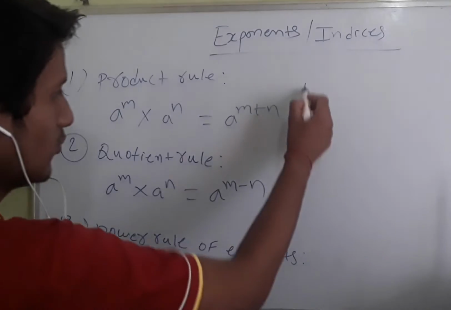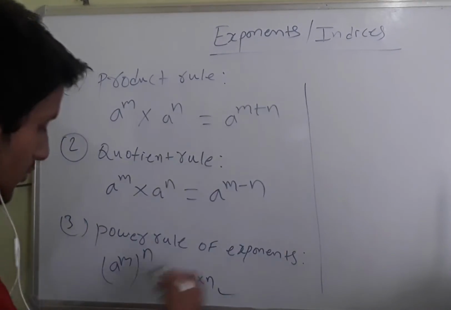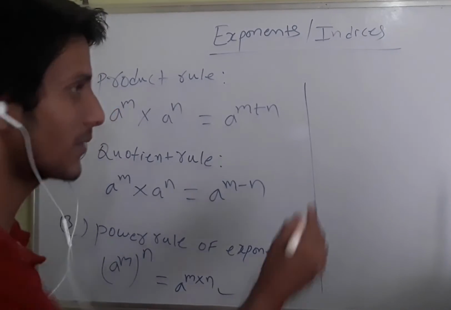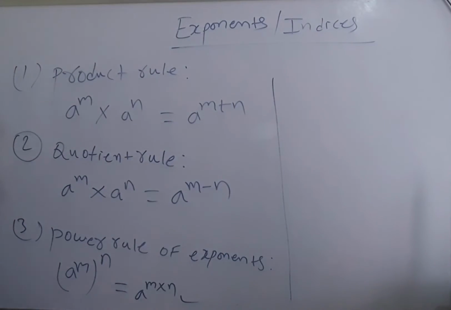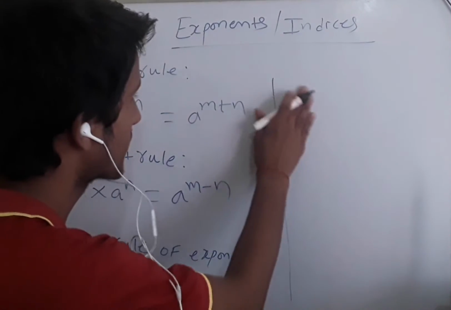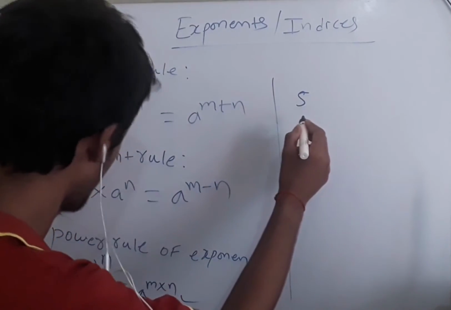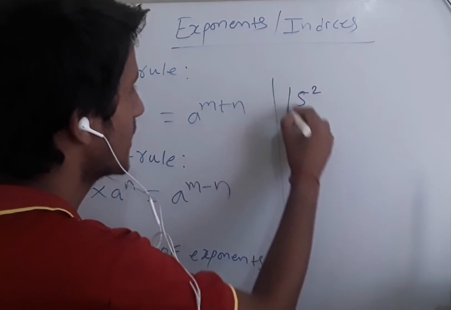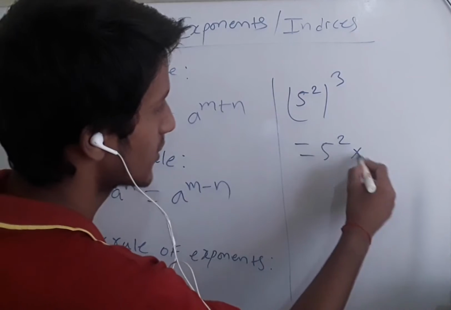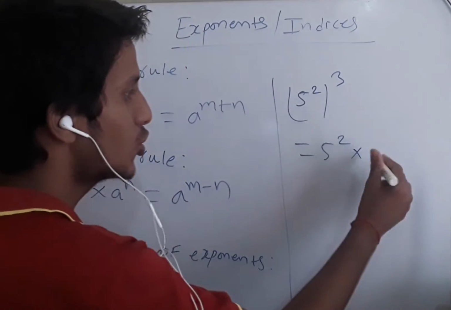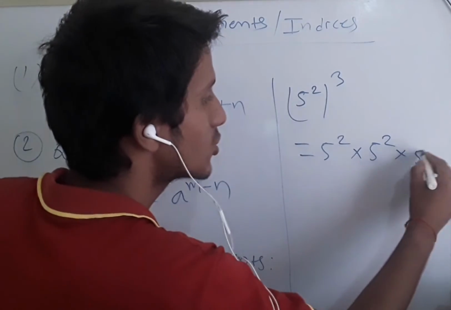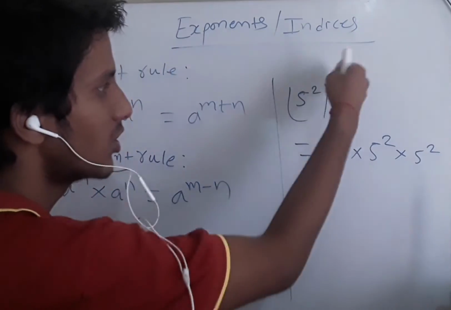Again, if you want the proof of this rule, you can try it on your own before watching the video. But anyway, I'm going to show you. If you want to comprehend this rule, we can again try it with real numbers. Let's take 5 in this example. When you have 5 squared and its power is 3, do the same kind of experiment. You can write this as 5 squared multiplied by itself 3 times.